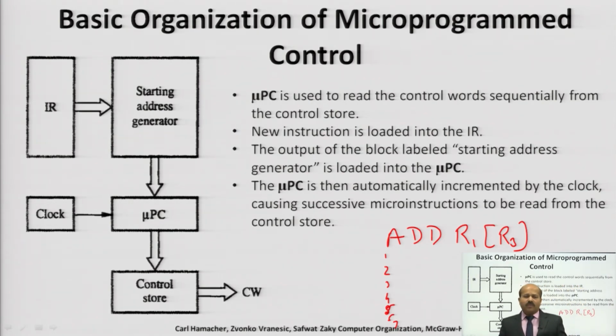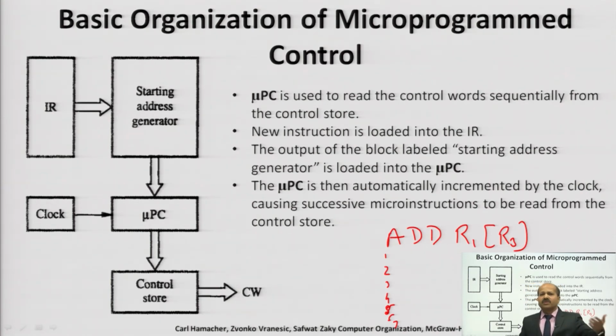So, we have to see in what step what type of control is to be generated, and what should be the program for that. In this case, the program counter will generate a sequence of these control words. The program counter is then automatically incremented by the clock.